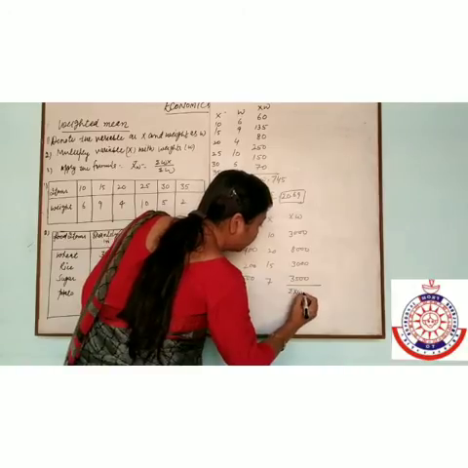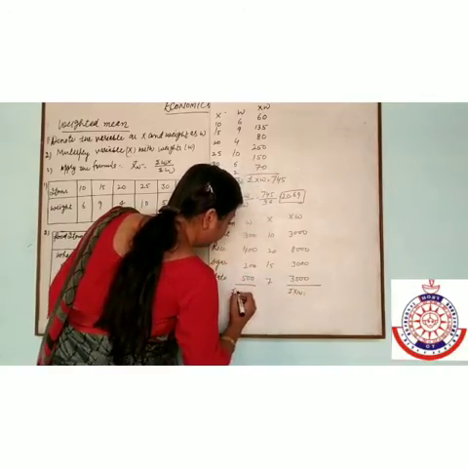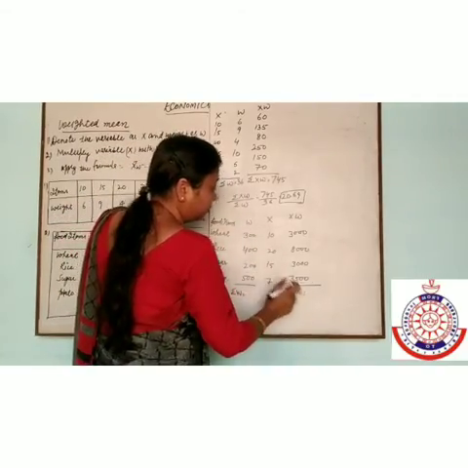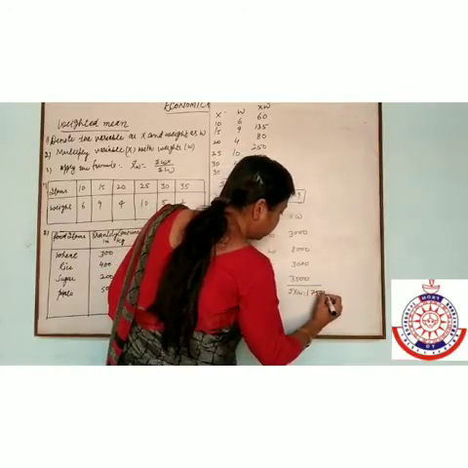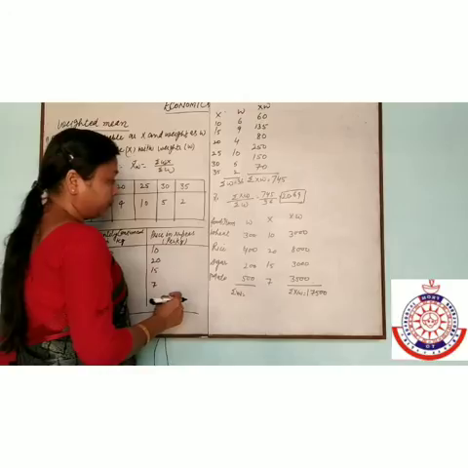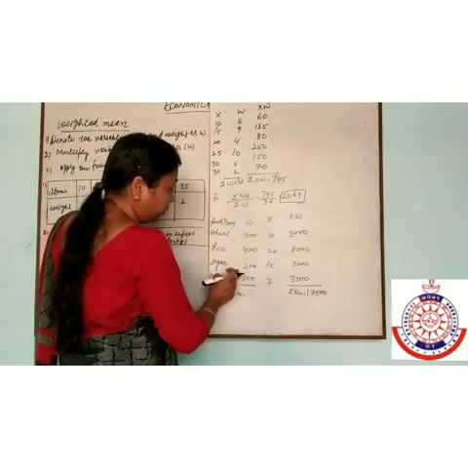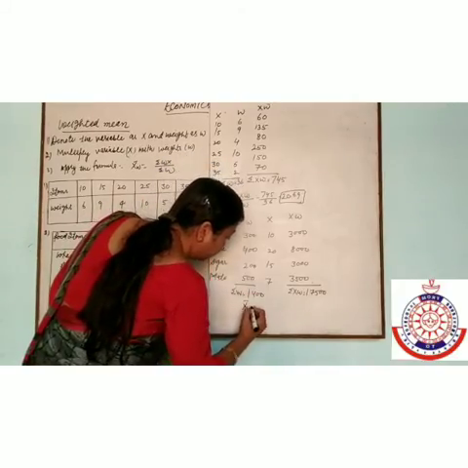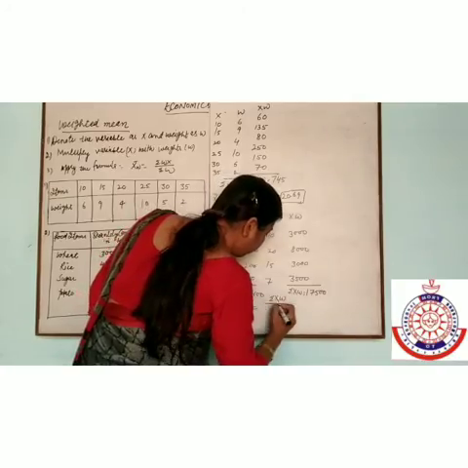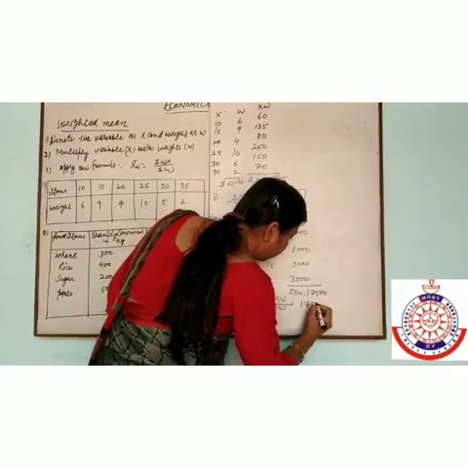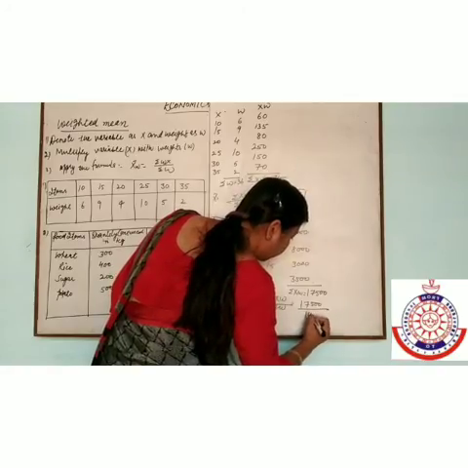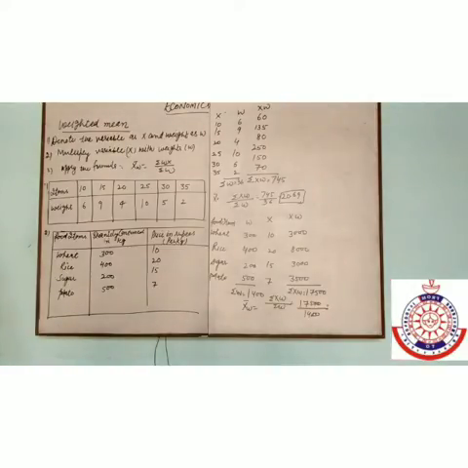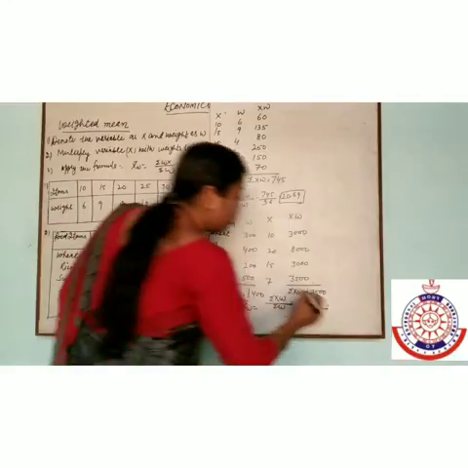Then summation of xw is equal to 17,500, and summation of w is 1400. Then x bar w is equal to summation of xw divided by summation of w, 17500 divided by 1400, which is equal to 12.5.